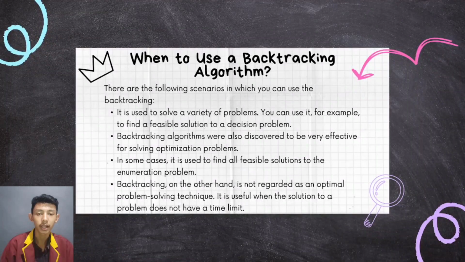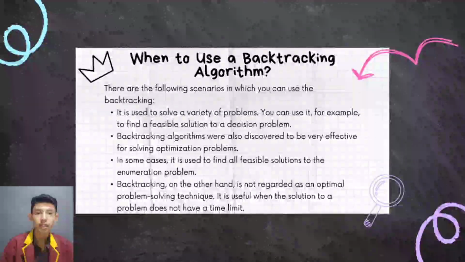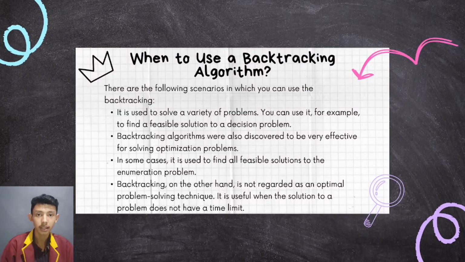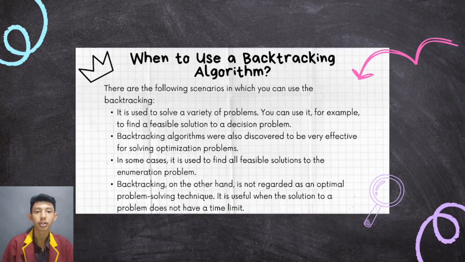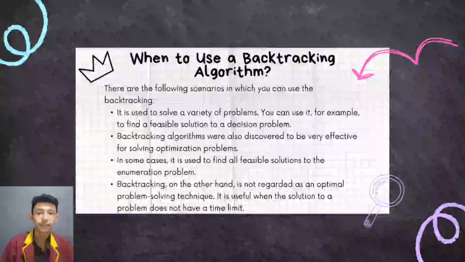Two, backtracking algorithms were also discovered to be very effective for solving optimization problems. Three, in some cases it is used to find all feasible solutions to the enumeration problem. And the last one, backtracking, on the other hand, is not regarded as an optimal problem solving technique. It is useful when the solution to a problem does not have a time limit.